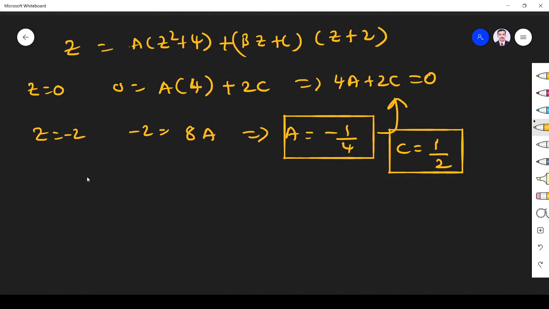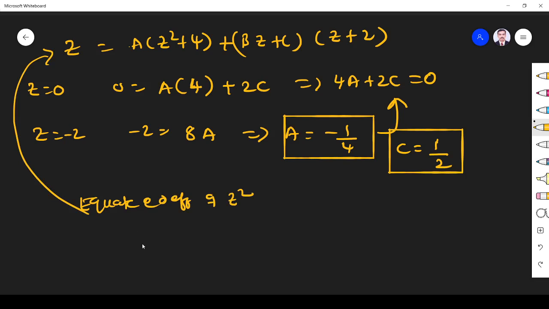Now what I do is I equate the coefficient of z square in this equation. On the left hand side there is no z square, so the coefficient is 0. Here you see a into z square. If I multiply, a is z square, so the coefficient is a.